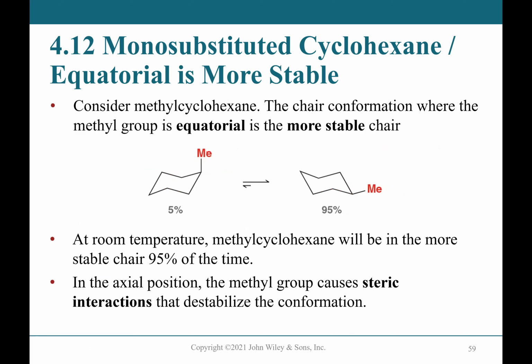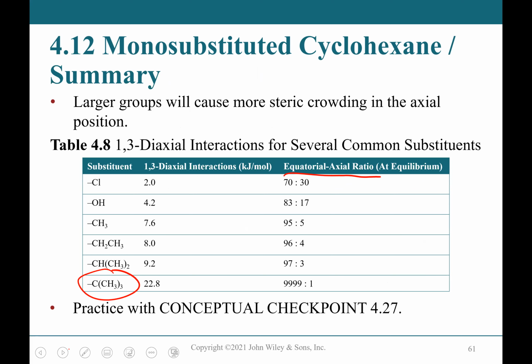So let's just imagine this methyl group being a tert-butyl. Now we have this carbon, here's a carbon, here's a carbon, here's a carbon. Look at all the sterics involved. So wouldn't it be better to put that tert-butyl in this position? And that's what it prefers. And we can see that it prefers that position almost 10,000 to 1.